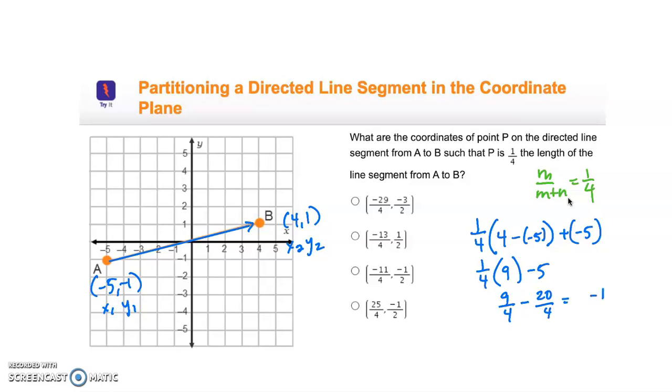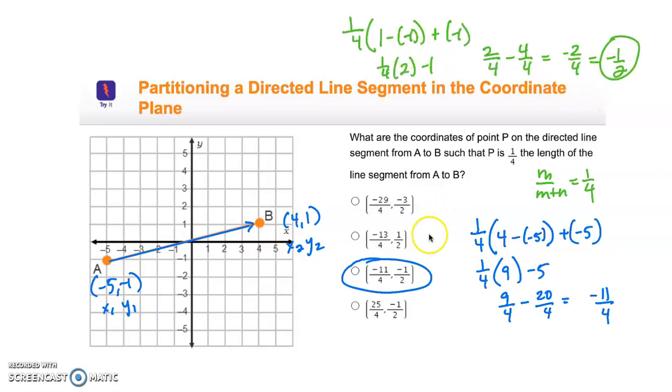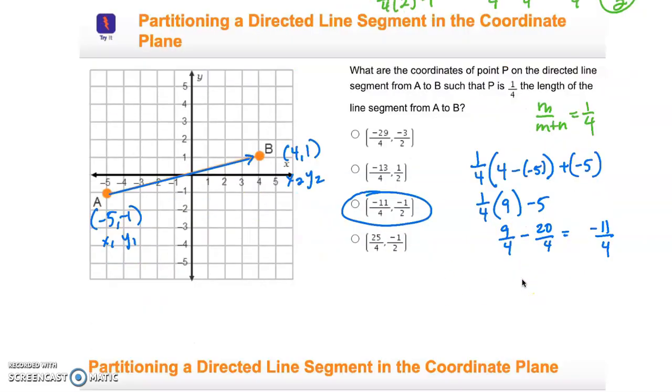So that gives me a -11/4. Now, if you'll notice on our problems right here, only one of them has a -11/4, so I know that's going to be the answer. But if you want to pause and check to make sure that y value works, do that as well. I'll pause right now and do it. And if you look up here, here's my work, and it does work out that way.